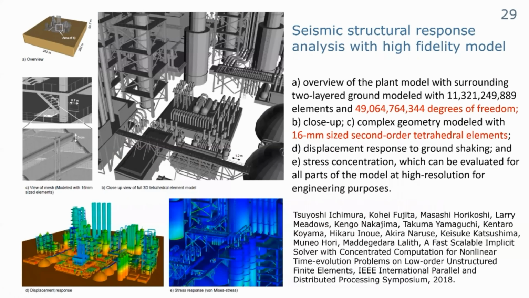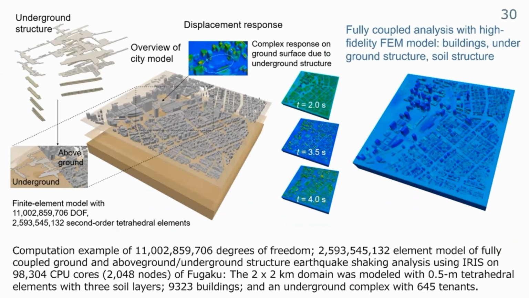And this is a seismic structure response with a high fidelity model. You see all the structures are modeled with second order tetrahedral elements. Its minimum size is a 16 millimeter element. So it's huge, but we can compute it. With this advancement of the computational method, we can conduct this kind of complicated simulation.